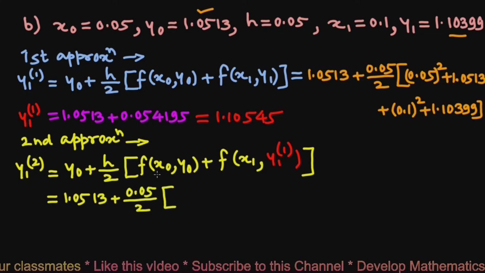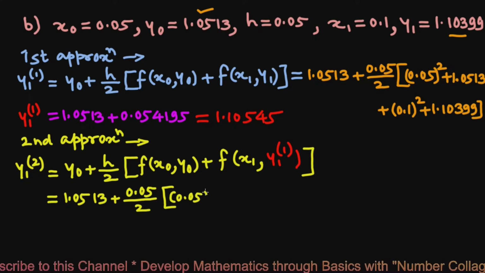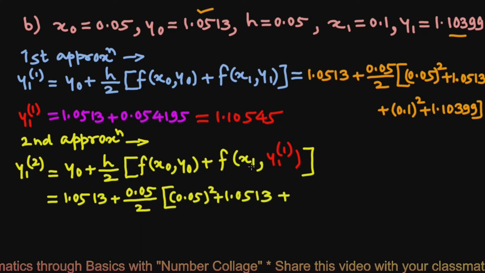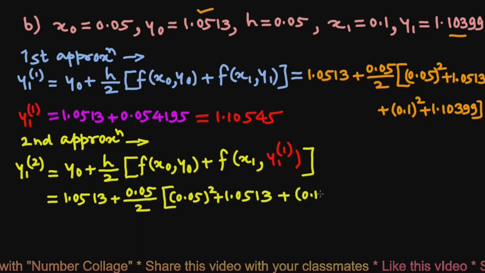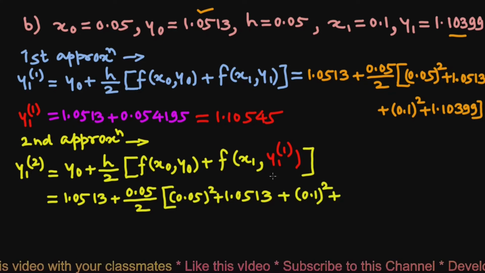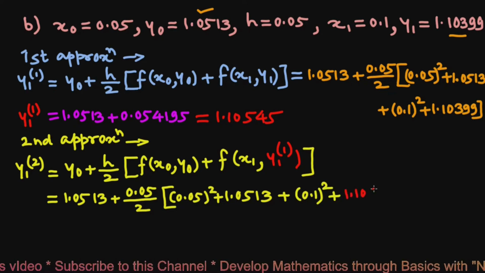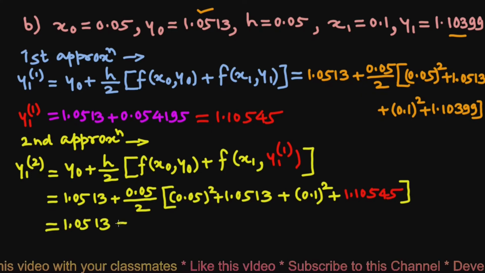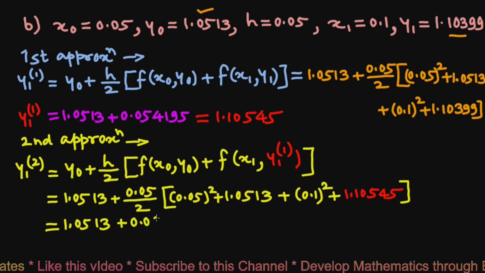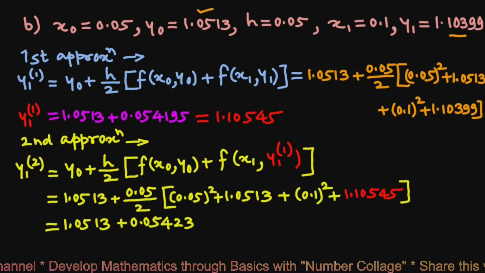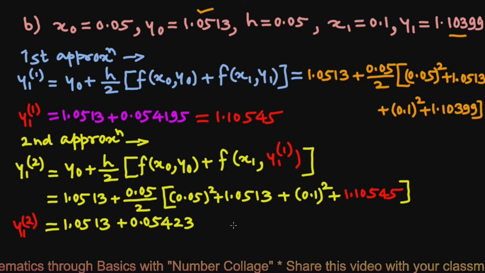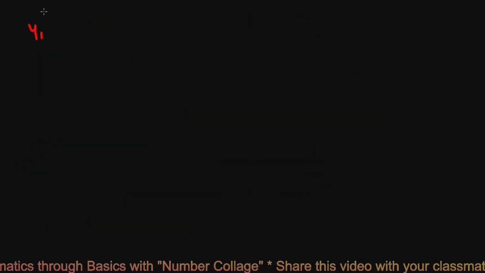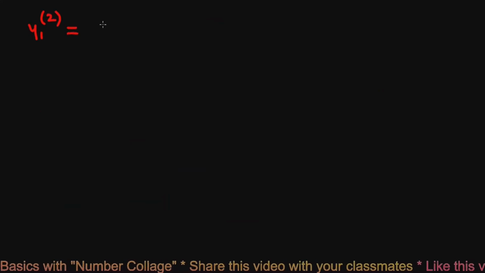F of x0 y0 will be 0.05 whole square plus y0, which is 1.0513 plus f of x1, that will be 0.1 whole square plus first approximation, which is 1.10545, that will be 1.0513 plus the remaining calculation 0.05423, that gives us second approximation y1 as 1.10553.